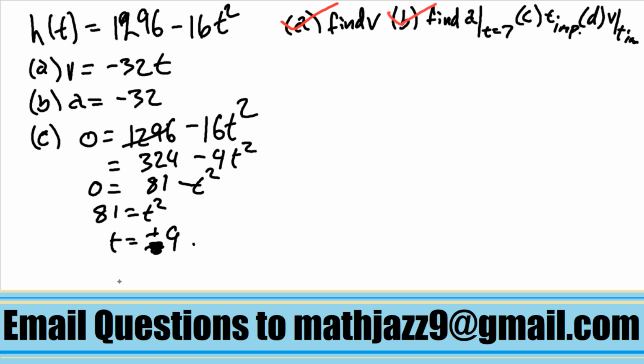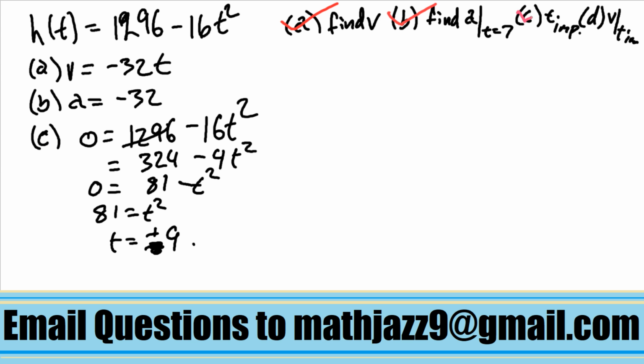So the equation isn't going to be working for us before we drop the ball. Yeah, the ball is dropped at time t equals 0. So the equation only works while the ball is falling. The ball isn't falling before we drop it. So, t equals 9. Okay, so that is the time of impact.